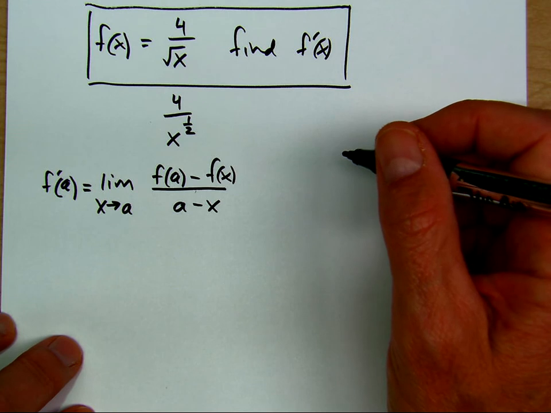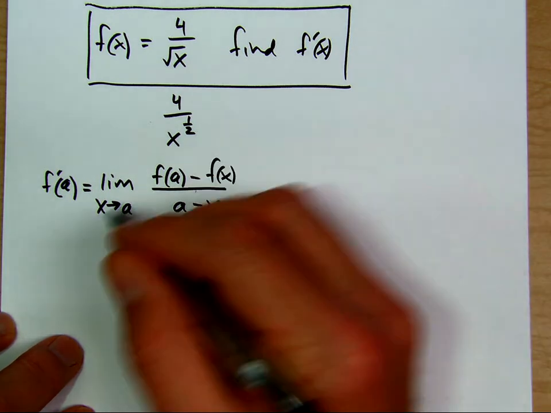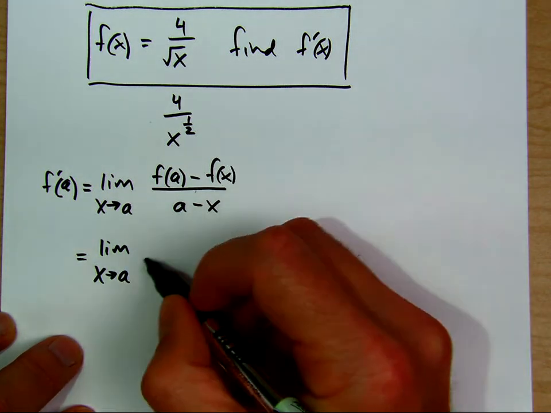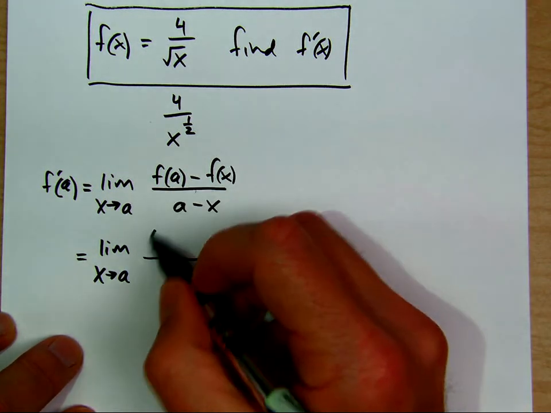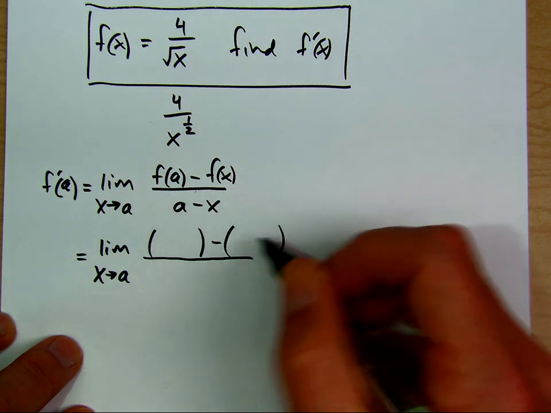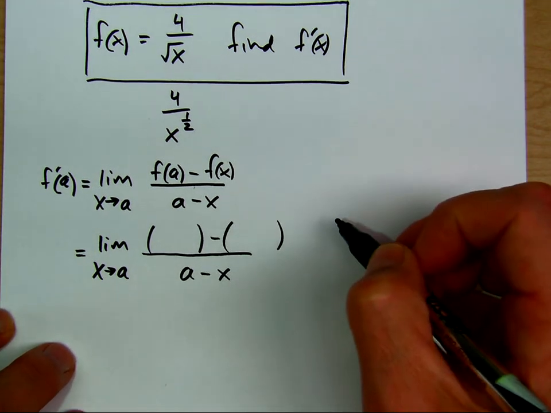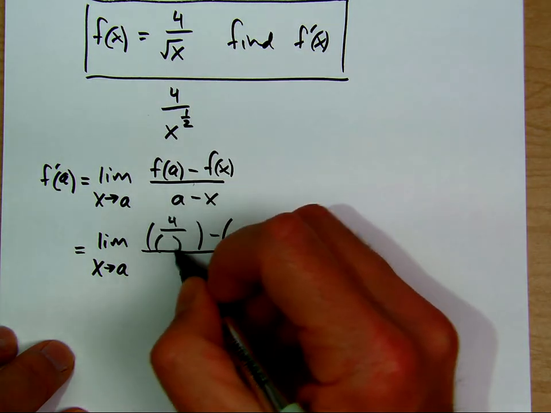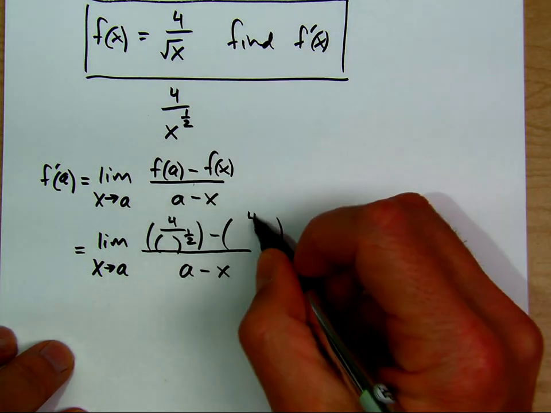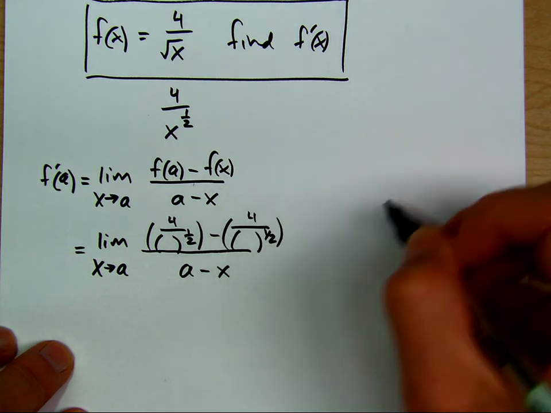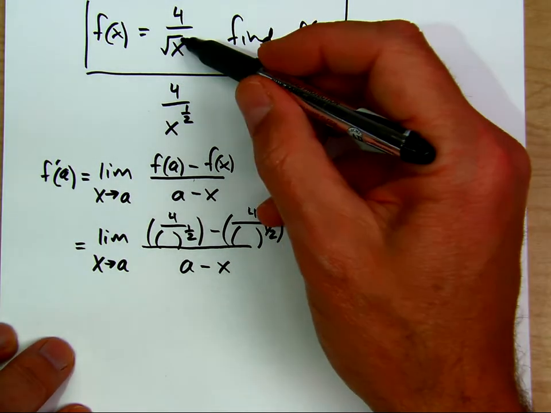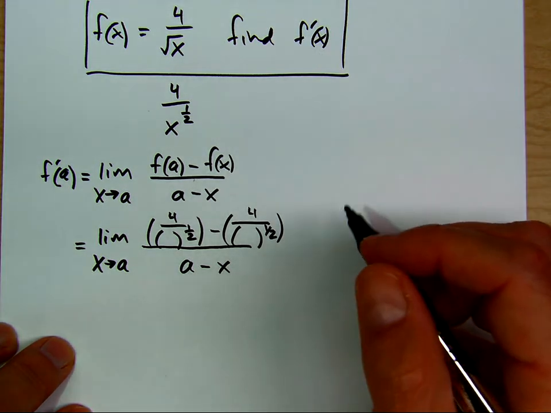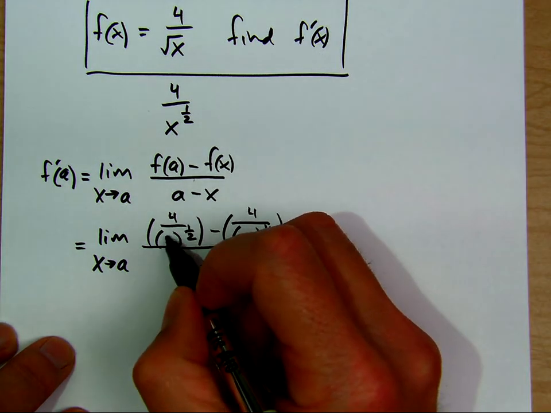All right, so we just copy the formula and leave a space for the first function, space for the second function, and we have 4 over something to the 1/2. Instead of a radical, let's put it as a 1/2. And this will be an a, and that'll be an x.